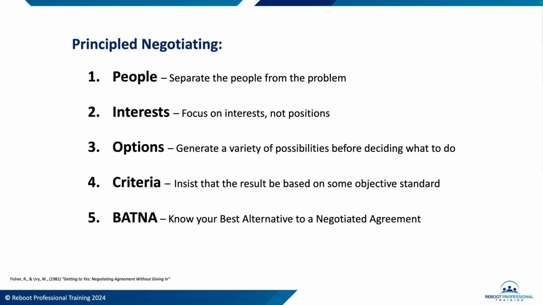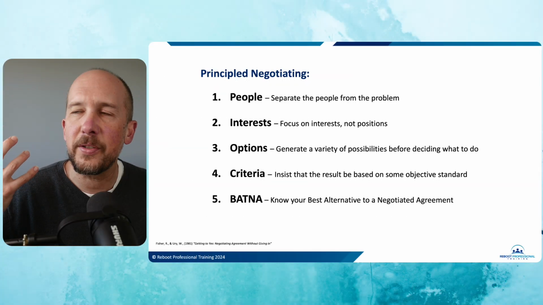So when we think about an effective negotiator, these are the types of things that they often manage to do. They separate the person from the problem. They think about this discussion or this issue as separate from the people involved, which is particularly challenging when the other side isn't doing that.